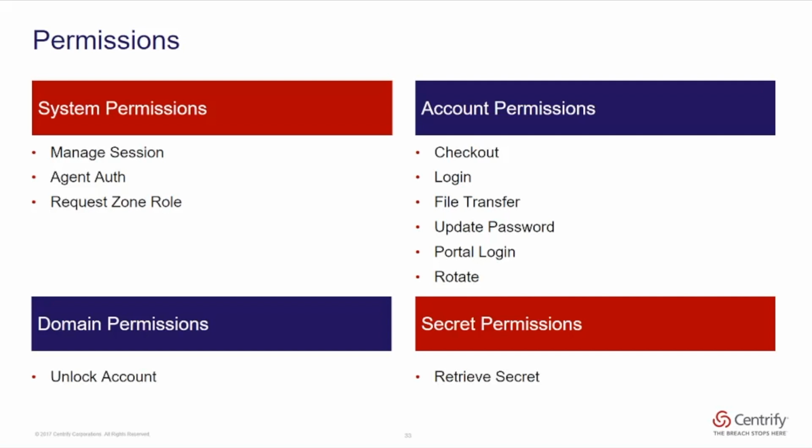The next permission is update password. This is an important permission if you are using an unmanaged account. This is not as important for managed accounts. What the update password is used for is it allows a user or administrator with this permission to update that password in the event the source is changed.